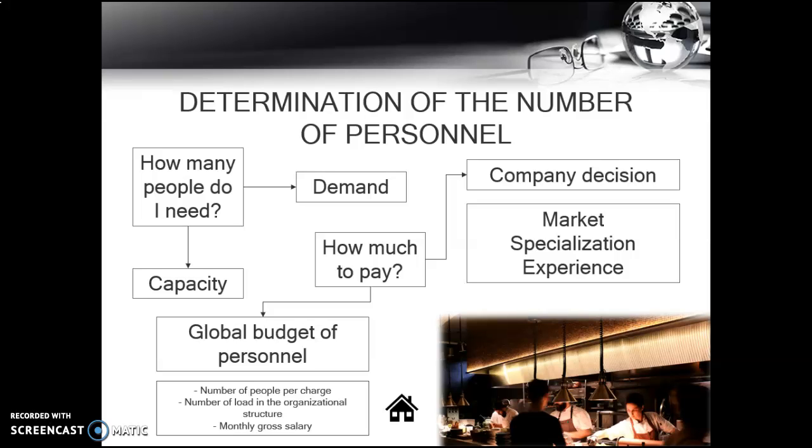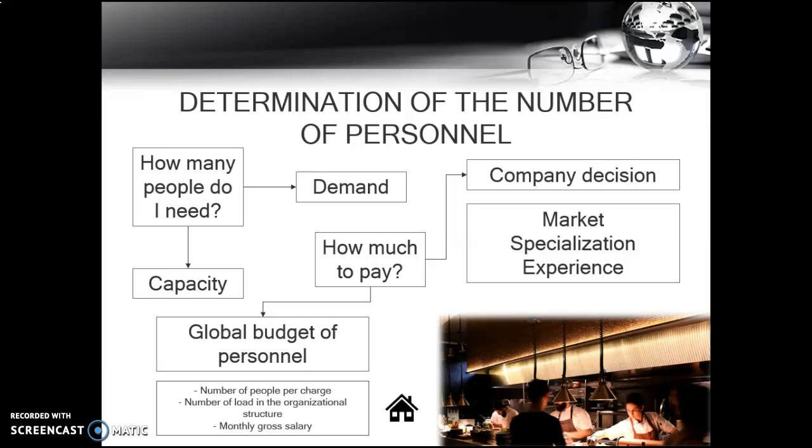The salary will depend on the decision of the company regarding the remuneration of the staff. That is, one can offer a salary higher than, similar to, or lower than the market average. The decision will depend on the specialization of the position, the required experience, or the combination of both factors.